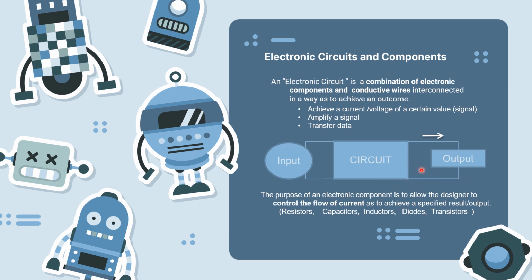Okay? So for example, we have a signal that we want the microcontroller to read, for example, an analog signal or even a digital signal. But since its current and voltage are very low, for example, EMG signals from the body or a load cell signal, the signal that comes from the weight sensor, it's very weak, so we need to amplify it.